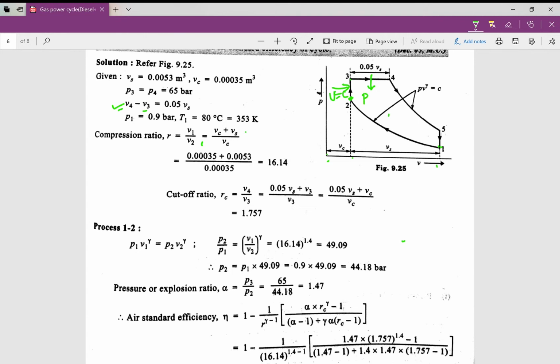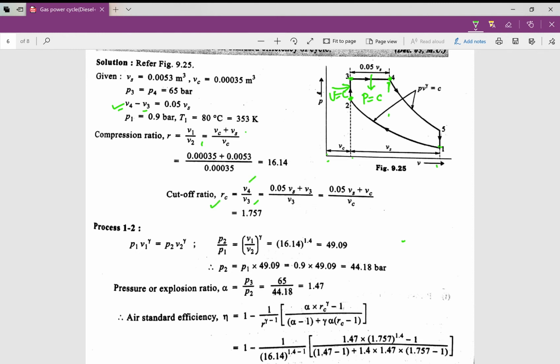So here pressure is constant. After supplying heat, generated due to the supply of diesel, at point 4 the supply of diesel is cut off. Therefore, cutoff ratio is written as V4 upon V3. So cutoff ratio rc is equal to V4 upon V3.